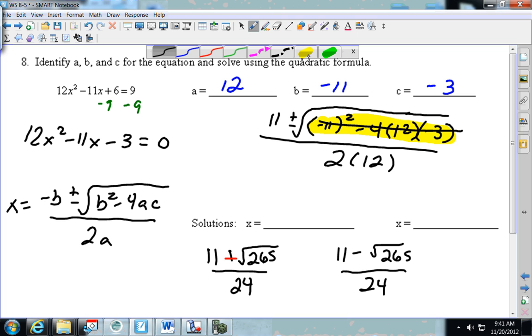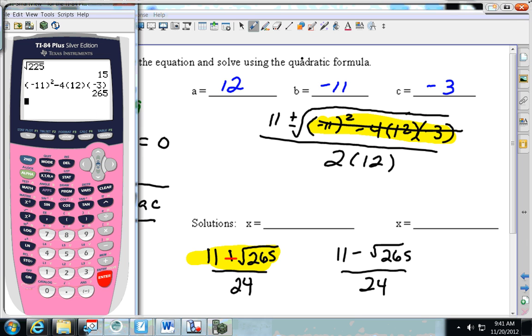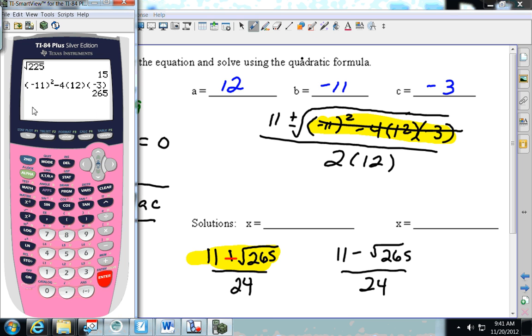Remember when you put in the calculator, we're going to do the whole top part first, then press enter. Did you put the negative inside the parentheses? Okay, the -11, the negative has to be inside the parentheses.